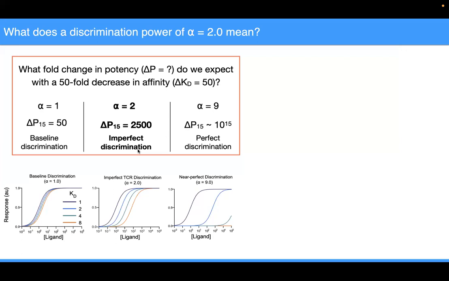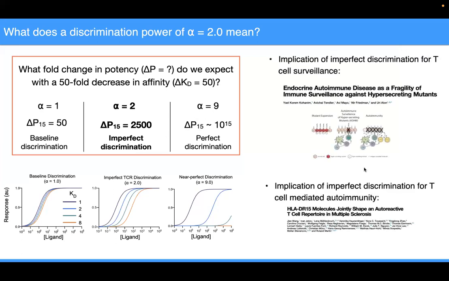And so we think this is very interesting because it tells us that T cells may not only be around to recognize foreign proteins, foreign peptides, but they might also be around to recognize abnormally expressed self proteins, that they might have that kind of discrimination as well. And there's a couple of studies that have been published to actually support that observation.